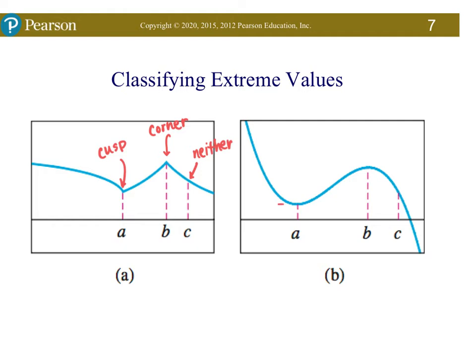In the next picture, we have a horizontal tangent right there. So that's a critical point. And then we have another horizontal tangent. So that is also a critical point. But we have neither going on at C, so that is not a critical point. So in both of these pictures, A and B are both considered critical points, but C is not.